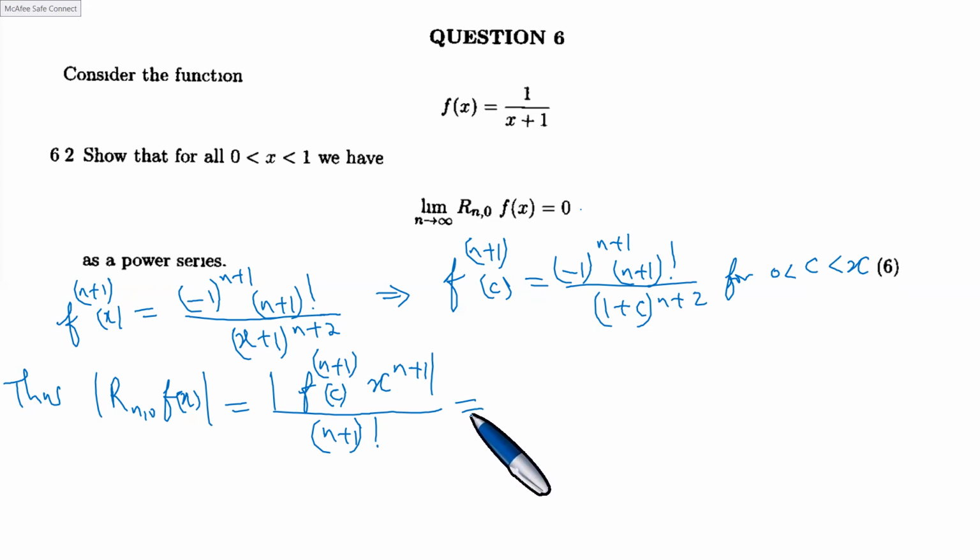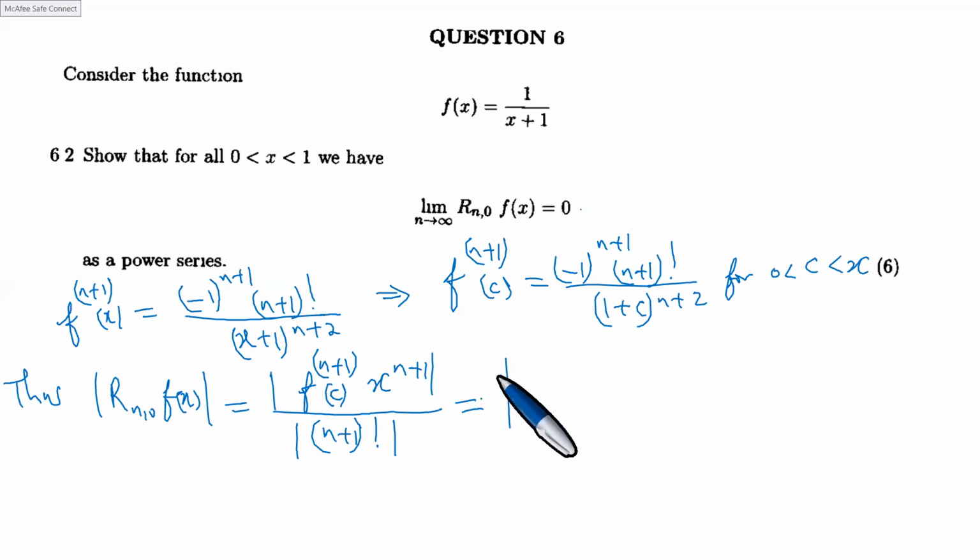So what is f of n plus first derivative? Okay, so in other words, this is what we get. You multiply the n plus first derivative by x to the power n divided by n plus first factorial, and you have the absolute value there.